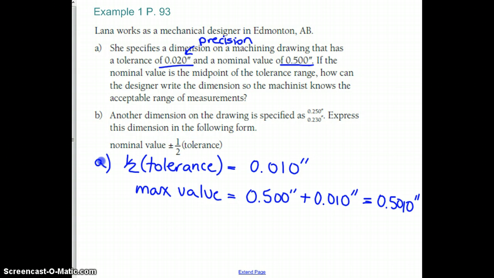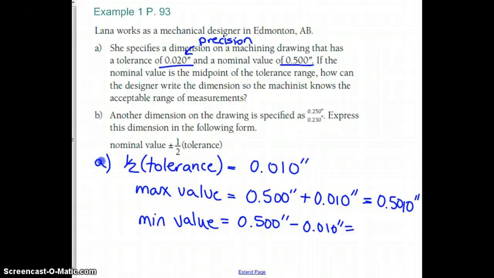That would be your max value. Then do the same thing with the min value, except the min is going to be subtracting your half of tolerance. 0.500 inches minus 0.010 inches gives you a total of 0.490 inches.